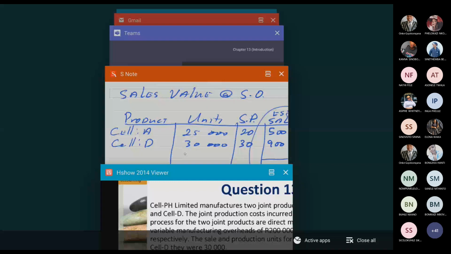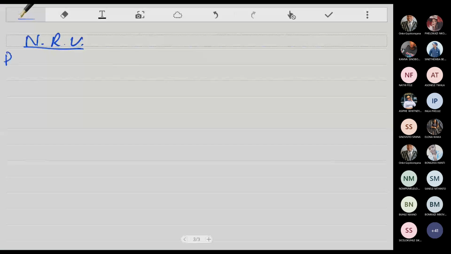So we're using the net realizable value for the product, units, selling price.